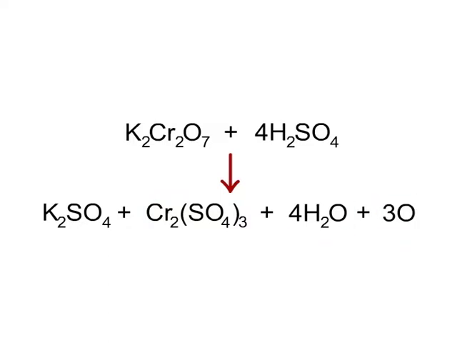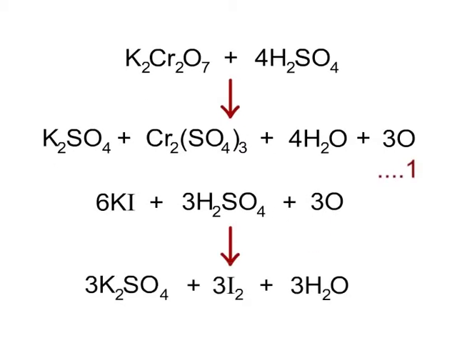The chemical equation showing this reaction is named as equation 1. In the second step, potassium iodide reacts with sulfuric acid and nascent oxygen formed in step 1 to form potassium sulfate, iodine and water. The chemical equation showing this reaction is named as equation 2.